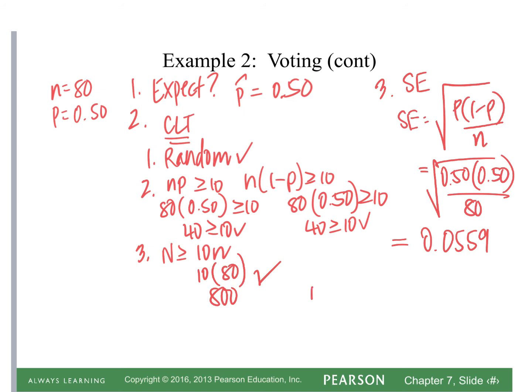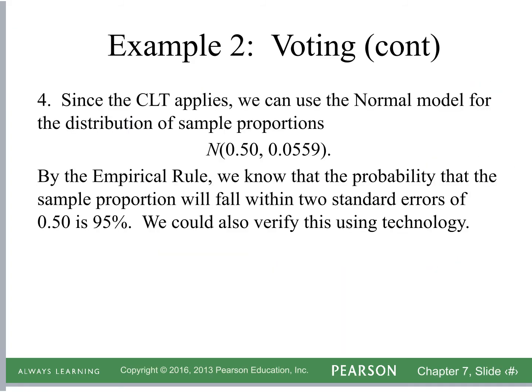So we know that it's normal because the central limit theorem conditions apply. P was 0.50, and our standard error here is 0.0559. So since the central limit theorem applies, we can use a normal model for the distribution.